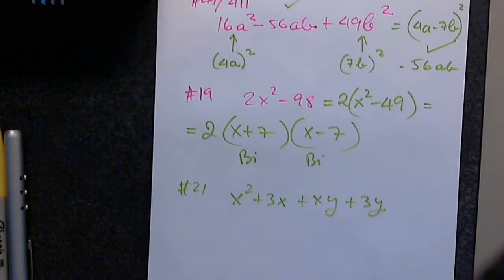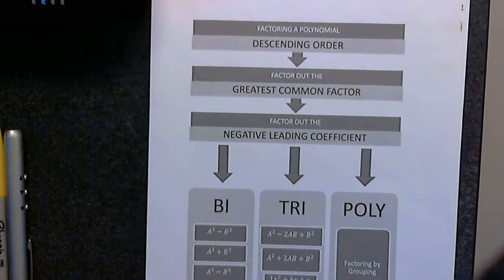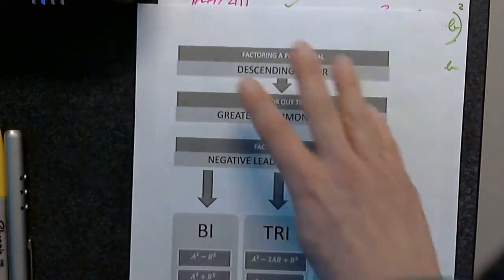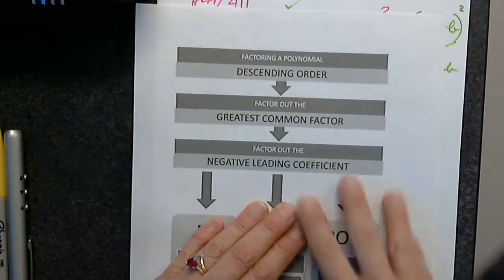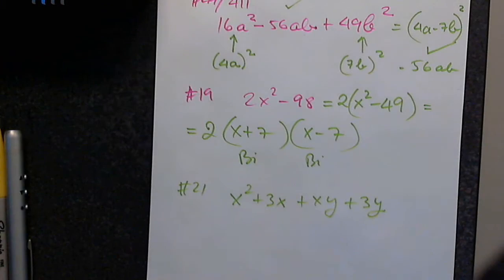I'm back to my strategy, and I identify what type of polynomial this is. Exactly. So my strategy now is this. My first question is, it's a polynomial.